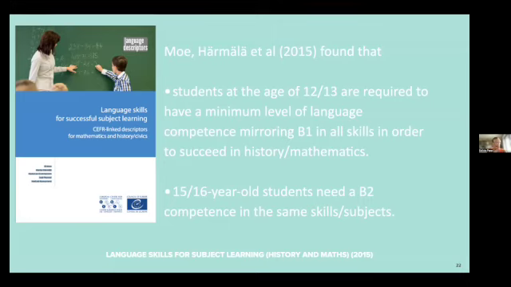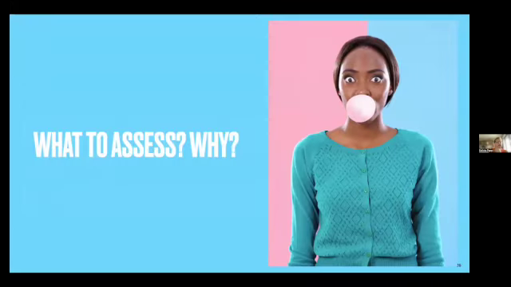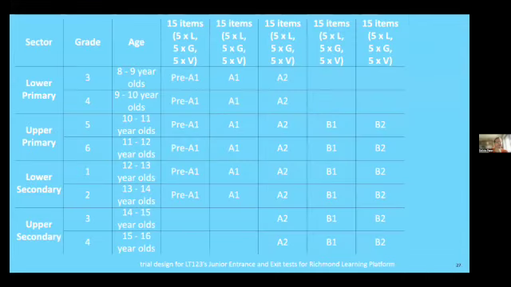I can't see how children would need to have that skill. So the task is to develop a range of cognitively and linguistically appropriate. Okay, sorry, I'm just clicking on my, okay, so what to assess?